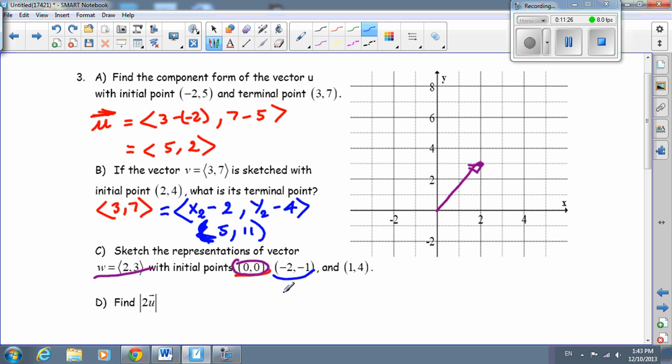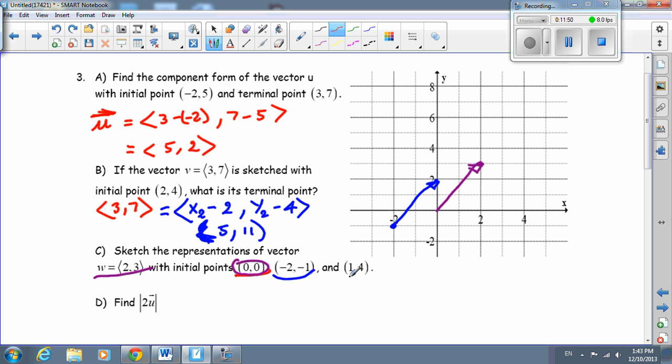In order for me to get this one at negative 2, negative 1, I notice that they travel run 2, rise 3. Run 2, rise 3. I'm showing you shortcuts. Now I'm at negative 2, negative 1, right here. I will still run 2 and rise 3 to give me this new vector.